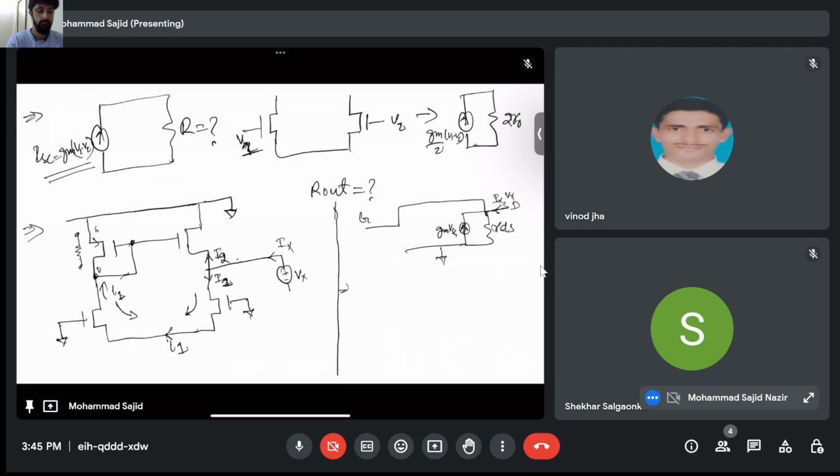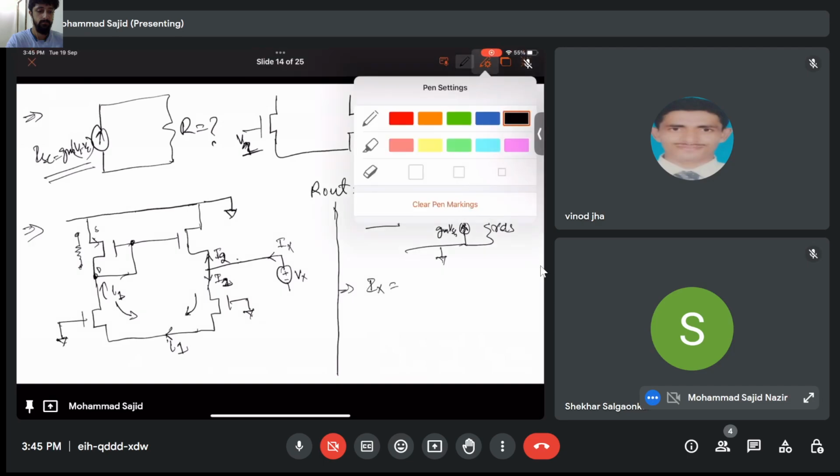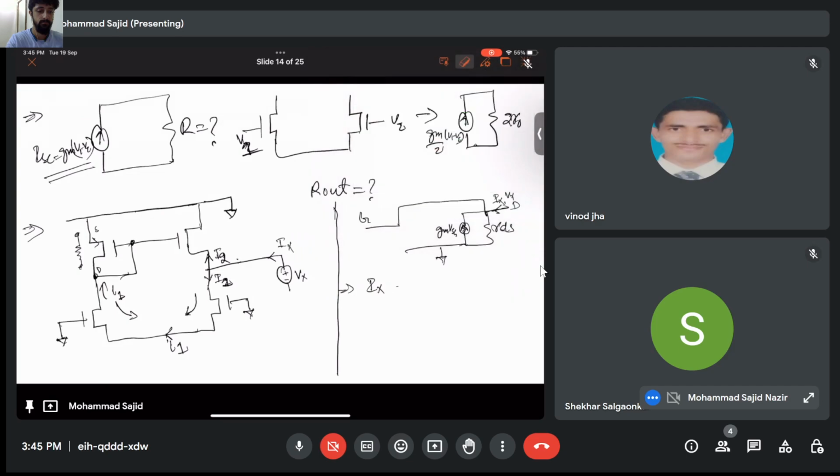So we'll see that this Ix, I'm assuming that you now know what I'm doing here. VSG is equivalent to Vx by Rds. Okay.